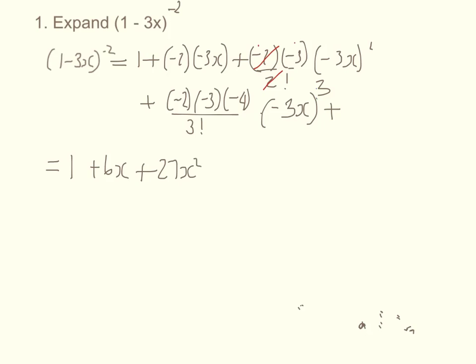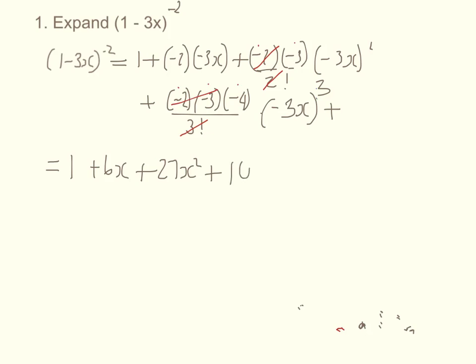On this next term, 3 factorial will cancel with the 2 times 3. I've got 3 minuses and then 3 more minuses, so it's still a plus, they cancel in pairs. And I've got 4 times 3 cubed, so that's 4 lots of 27, that's 108.